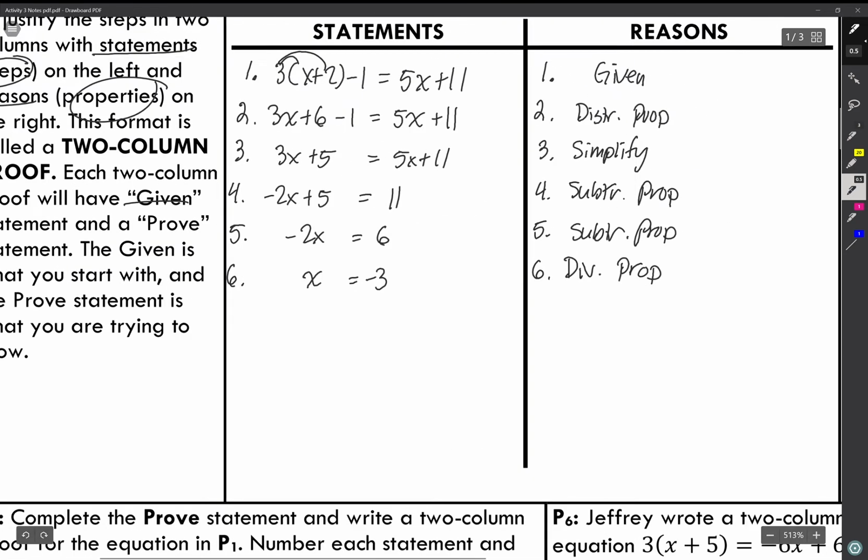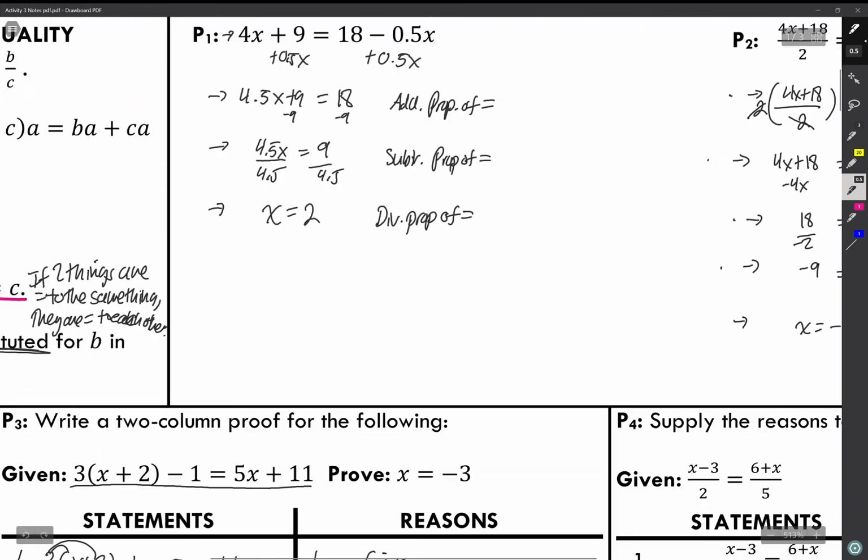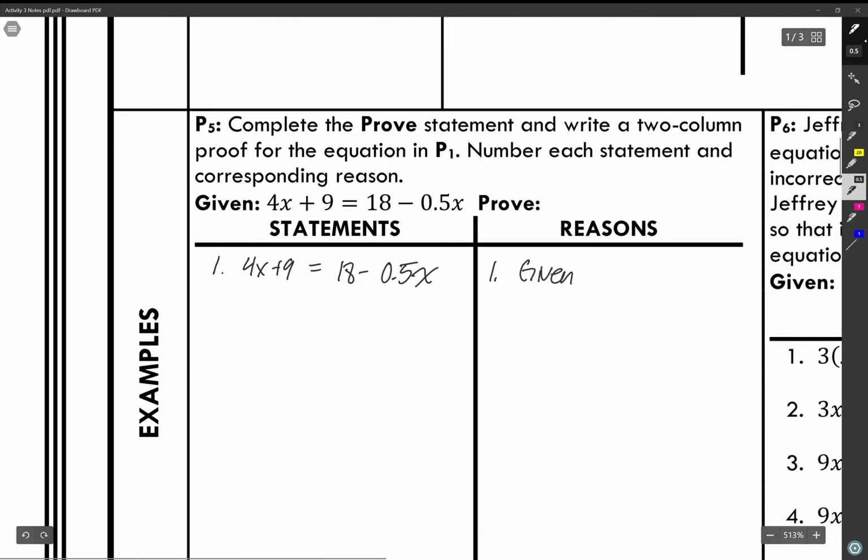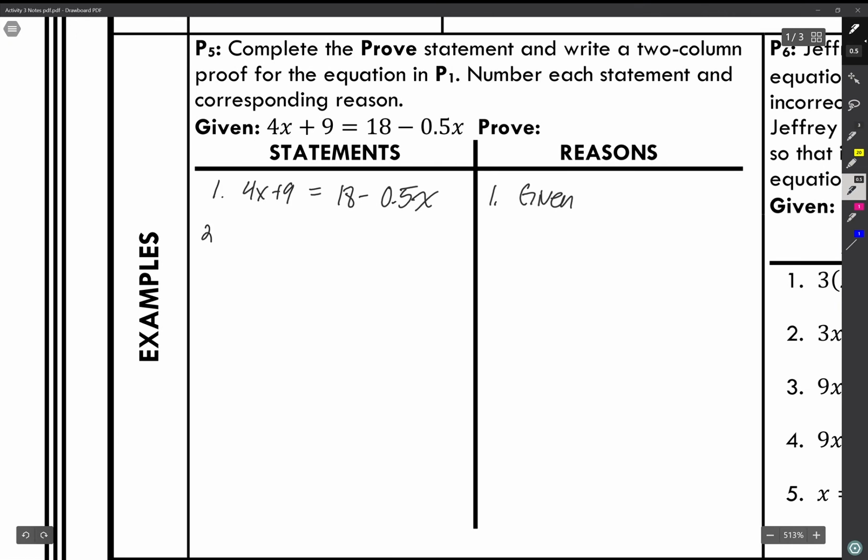If we go back up here, our next step, we added 0.5x to both sides, and we got 4.5x plus 9 is equal to 18. So let's write that down. 4.5x plus 9 is equal to 18. And what we did was add 0.5x, remember we said that was by the addition property.